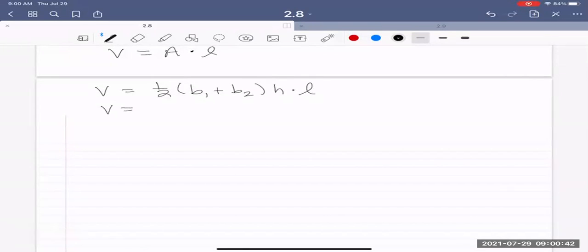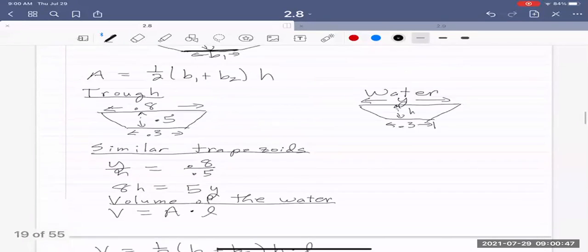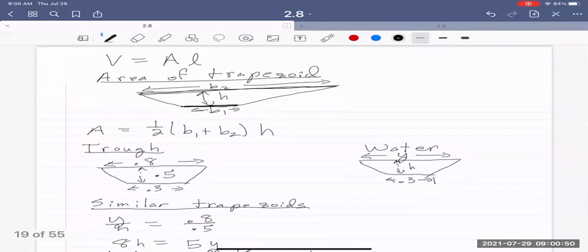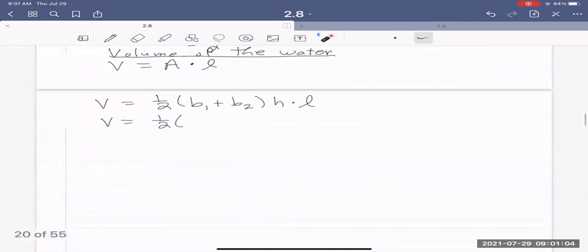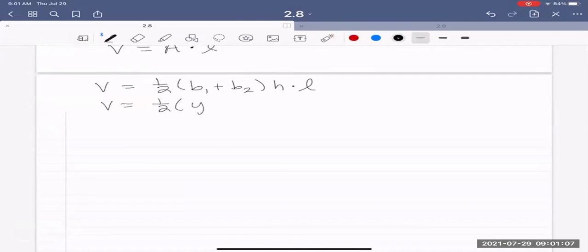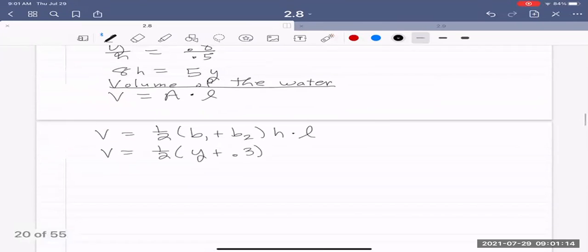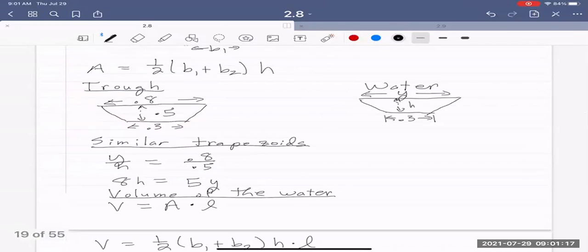So let's try to figure this out. So it's 1/2 of, well, this plus this. So y plus 0.3. And the height is h.